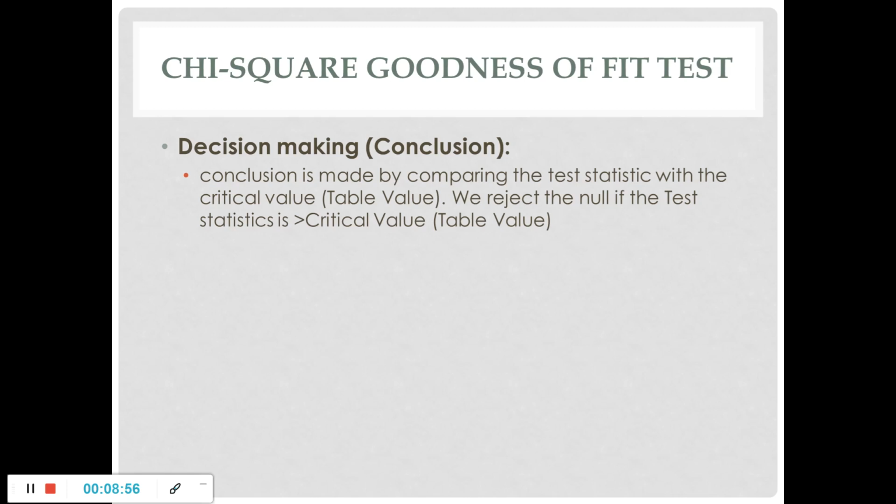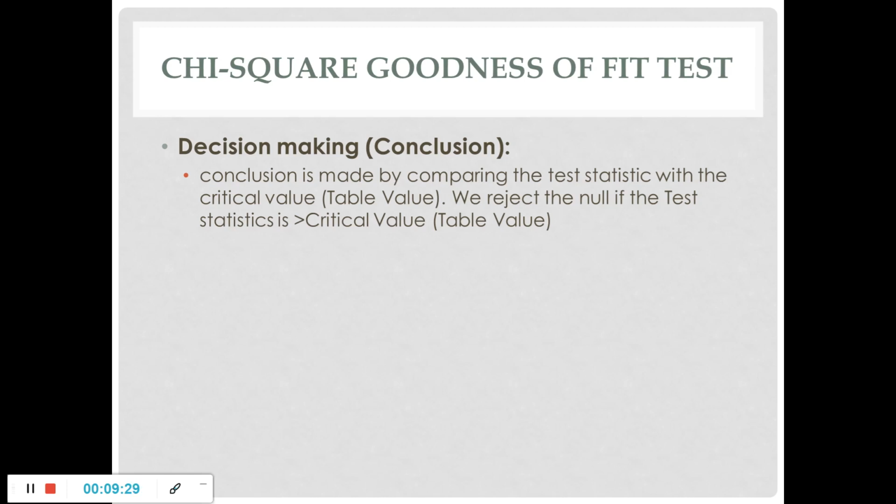If the test statistic is greater than the critical value, then you reject the null hypothesis. Similarly, if the estimated probability is less than the level of significance, that is another way you can make a decision about acceptance or rejection of the null hypothesis.